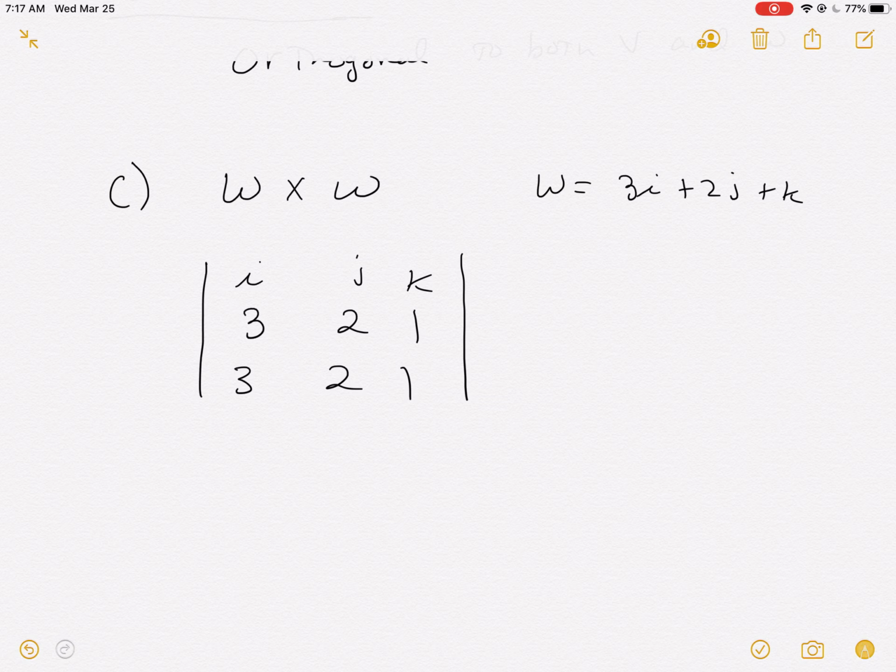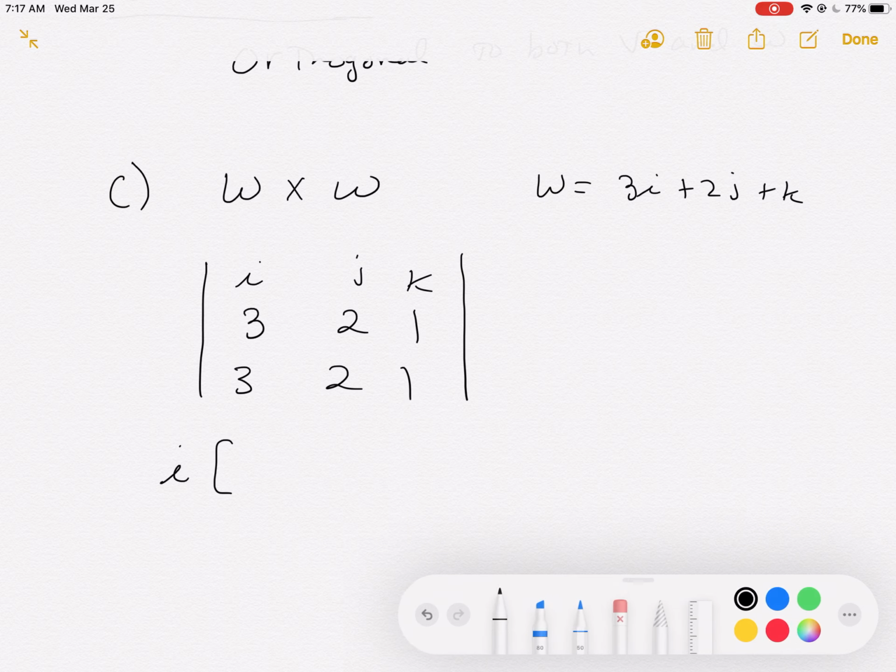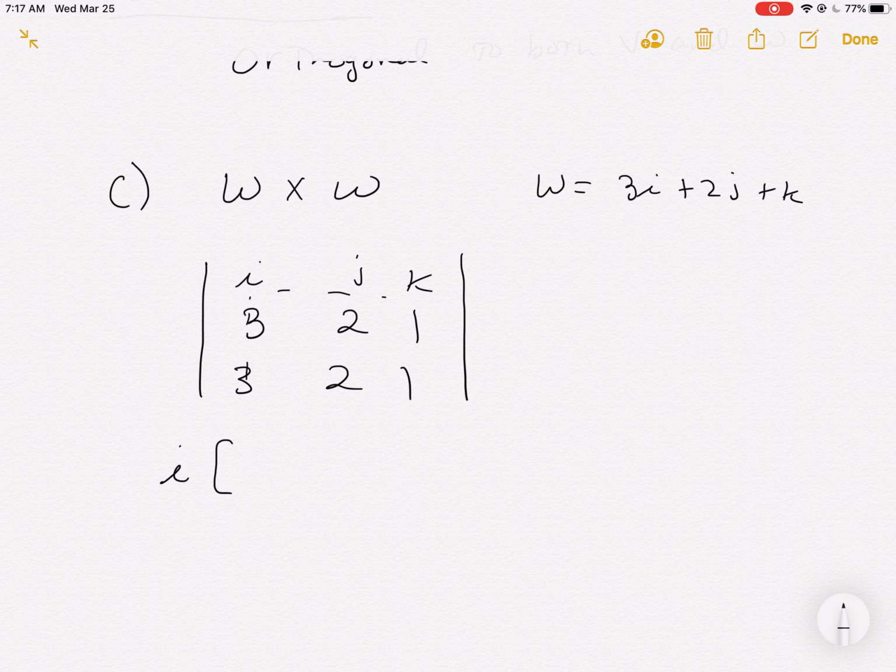Let's see what happens here. You're going to have i, and we'll do this a little bit quicker, times 3 times 2. Oh, I apologize. You wouldn't have that. I wasn't looking at it right, so we'll slow down just a little bit. Remember, we get rid of this one and this one, so it would be 2 times 1 minus 2 times 1.